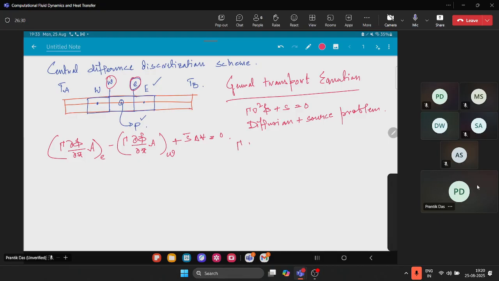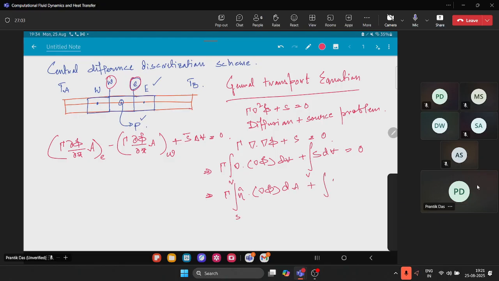So gamma of del dot grad phi plus S equal to 0. I apply the Gauss divergence theorem: take a volume integral over it, and convert this volume integral into a surface integral, which is n cap dot grad of phi dA as a surface integral, plus S delta V equal to 0.